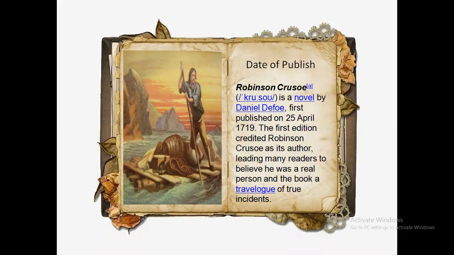Robinson Crusoe, the novel, was published by Daniel Defoe first on 25th April 1719. The first edition credited Robinson Crusoe as its author, leading many readers to believe he was a real person and the book a travelogue of true incidents.